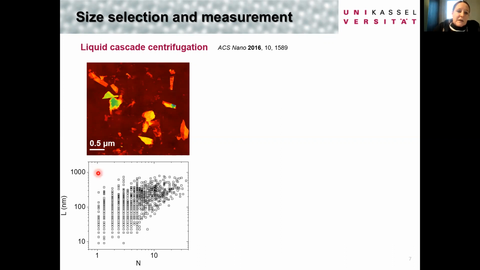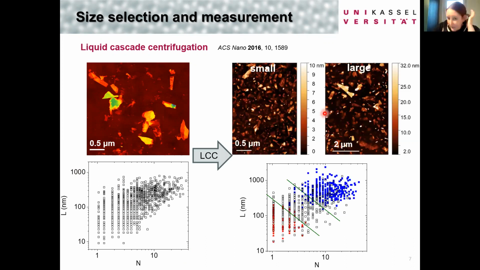And when we do that for a graphite stock dispersion, we can see that the lateral size ranges from 10 nanometer to about a micron, and the layer number from 1 to 30 layers. Here, each data point is a single sheet that was produced and measured with AFM. Now, after the size selection, you can immediately see from the images that they're much nicer looking. The sample is less polydispersed. It's still polydispersed, but not as bad as before.